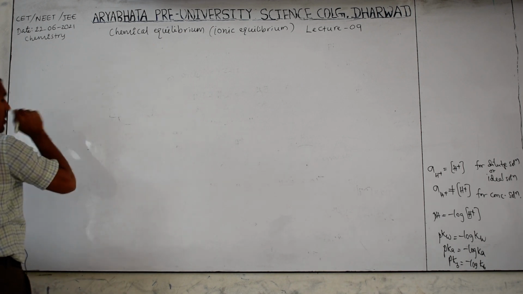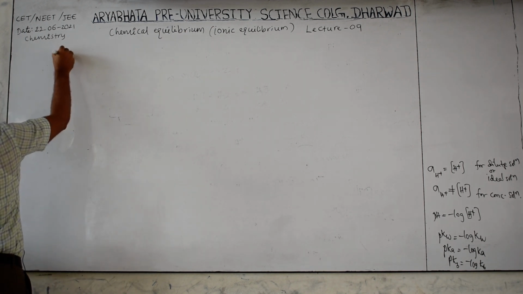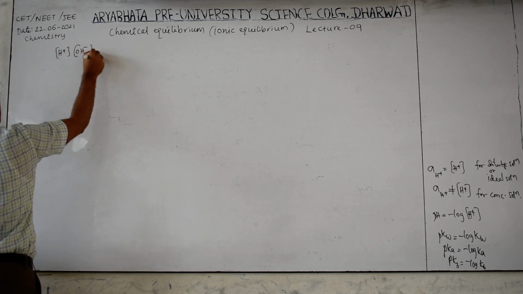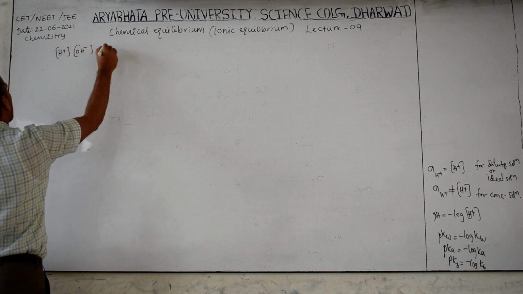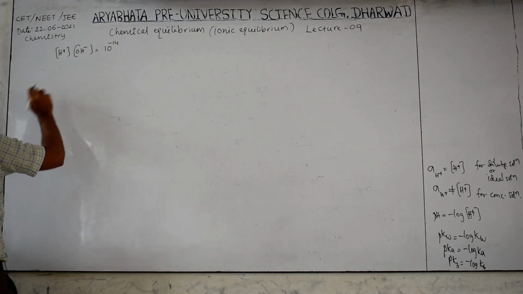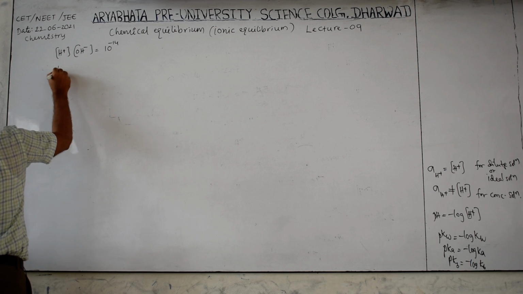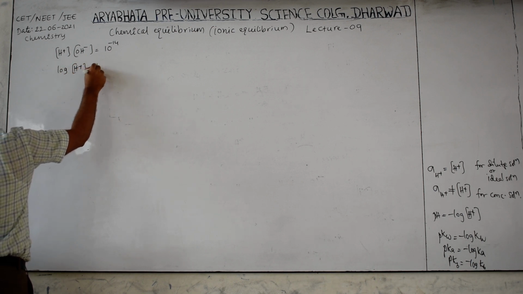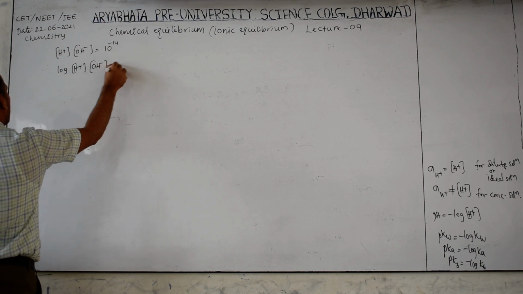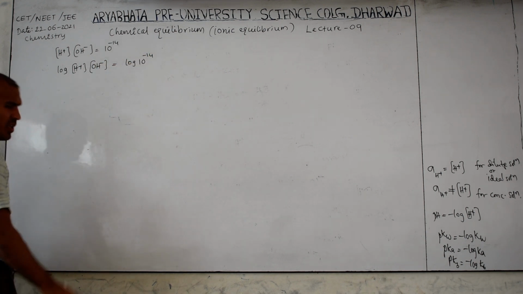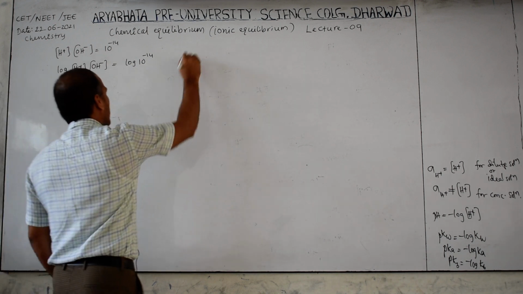Now remember, H plus ion concentration into OH minus ion concentration is equal to 10 power minus 14. Apply the logarithm, no problem. Log of H plus concentration into OH minus ion concentration is equal to log 10 power minus 14. Then you know some formulas.